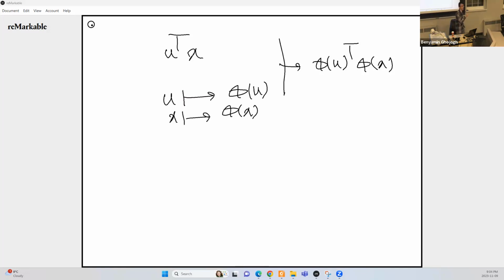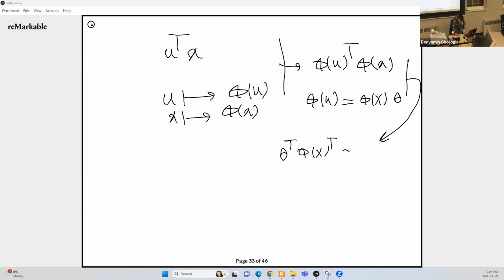What does kernelization with representation theory say? It says I can replace phi u with phi x theta. Now substitute phi u with this. It begins to be theta transpose phi x transpose phi x. Now it appeared. It is kernel. Because of this simple transpose.